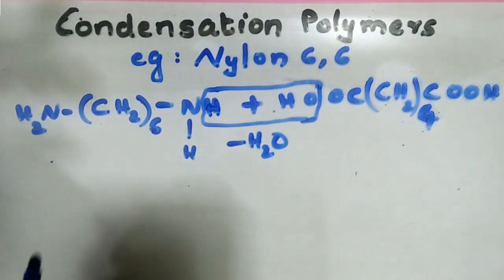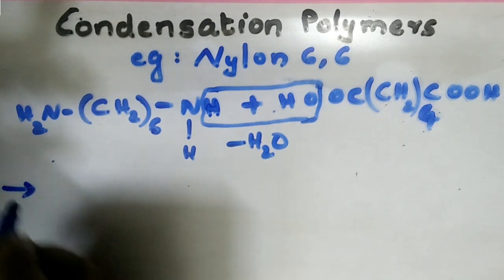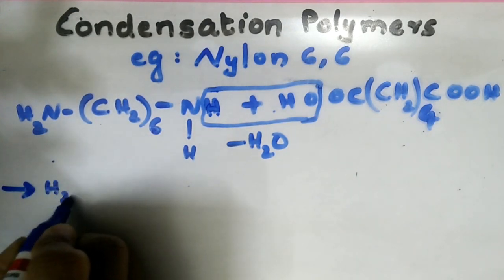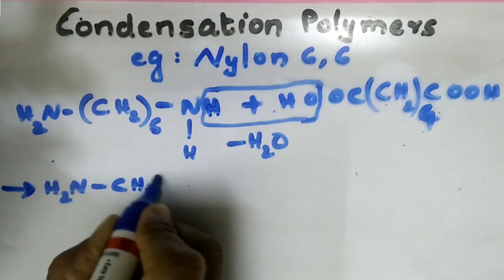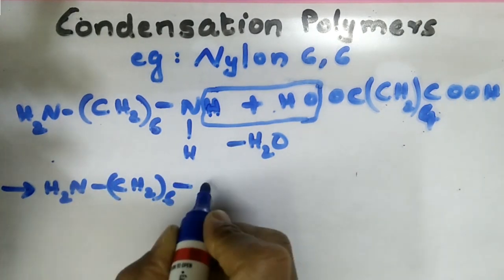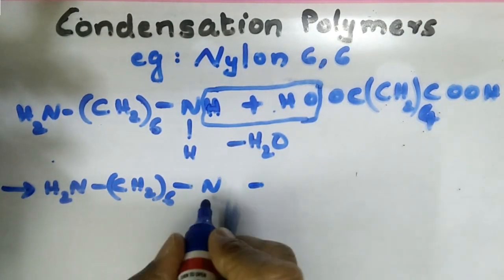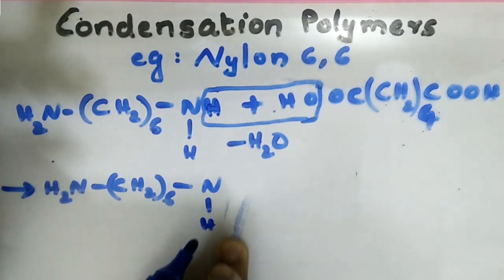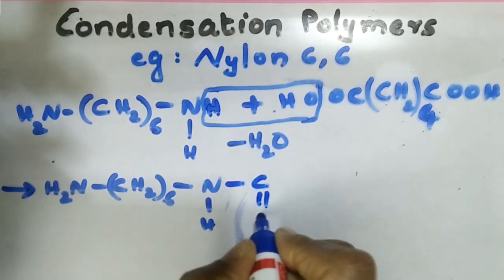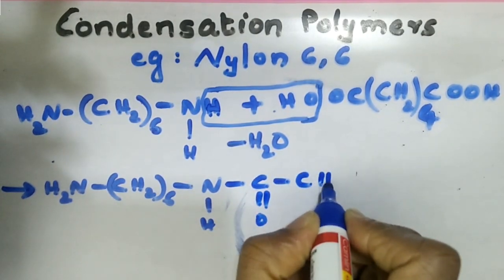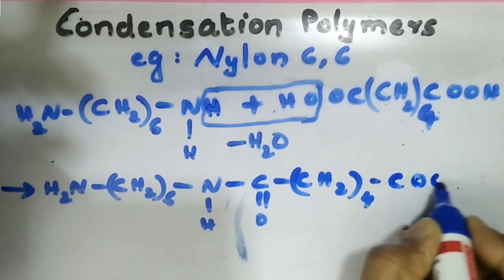And you are getting NH2, CH2 6 times, NH, then here CO group, that means C double bond O, CH2 4 times, COOH.